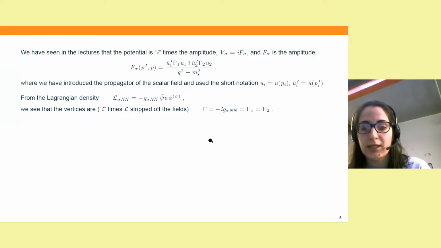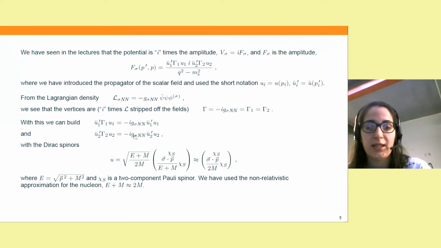So what do we do next? With these expressions we can build the two vertices here, with the Dirac spinors. For the first vertex, we introduce this gamma 1 that we said is minus i times the coupling. So we have simply this here, and it is exactly the same for the second vertex.